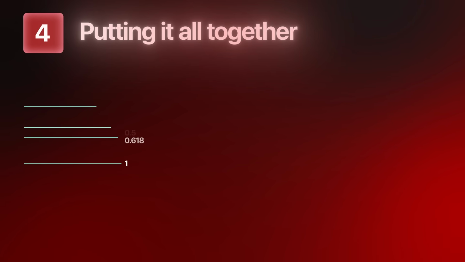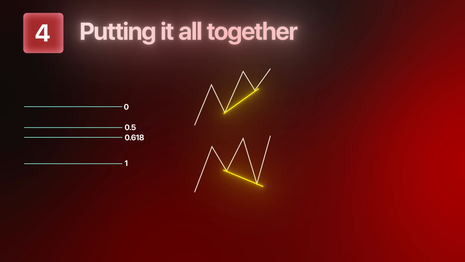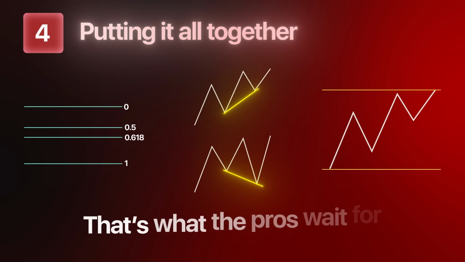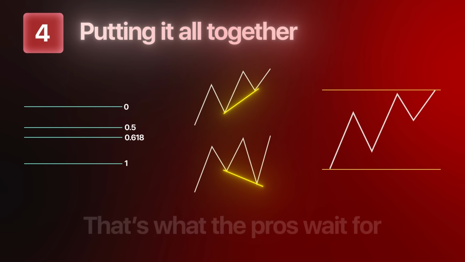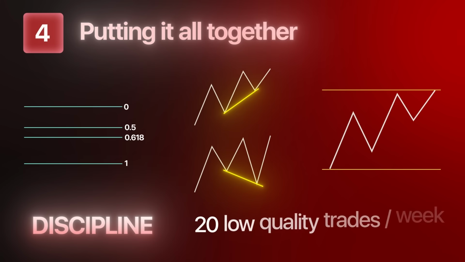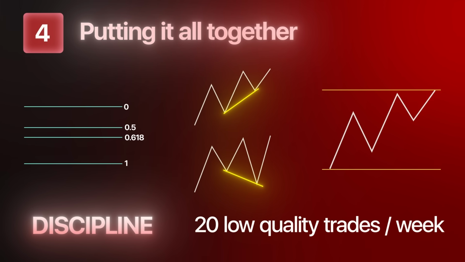Now, imagine all three lining up. A fib retracement to the 0.618 with a hidden RSI divergence. And the level is sitting right at yesterday's high, which also doubles as a resistance zone. That's what the pros wait for. This is where discipline comes in. Most traders take 20 low quality setups a week.